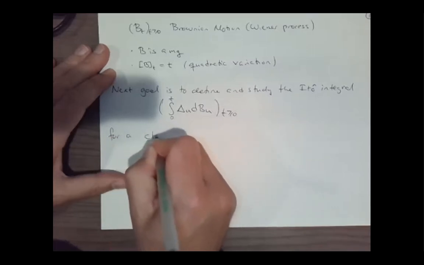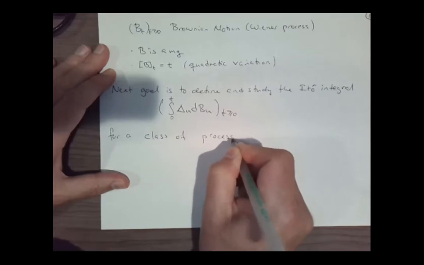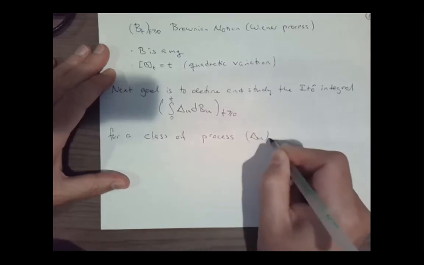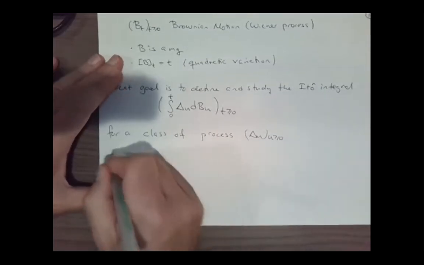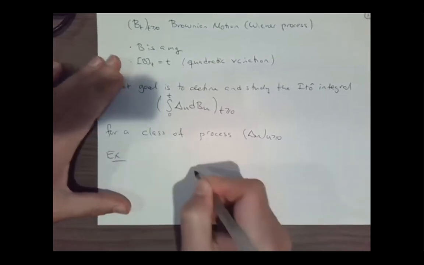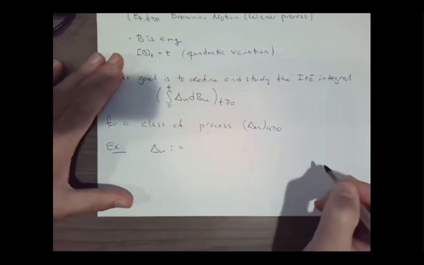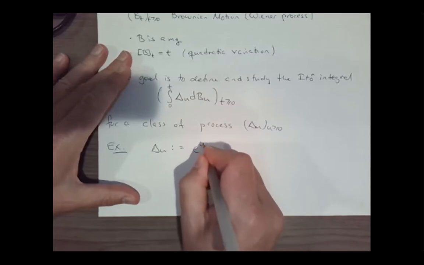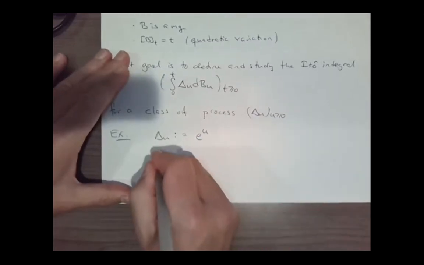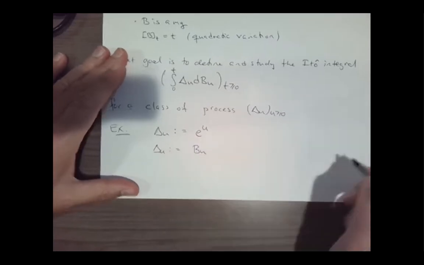For a class of processes delta U. So examples could be, we would have a delta U that could be like an exponential of U. It could be that delta U would be Brownian motion.